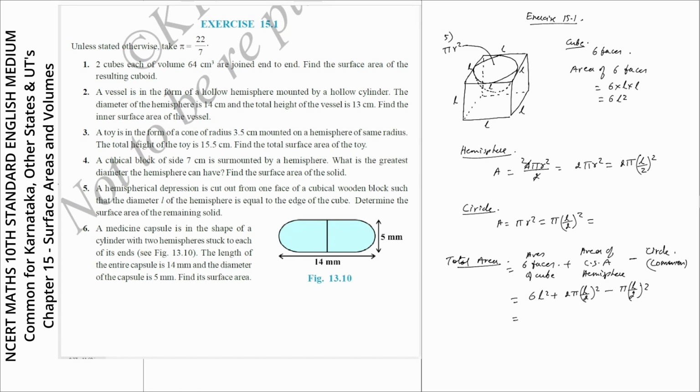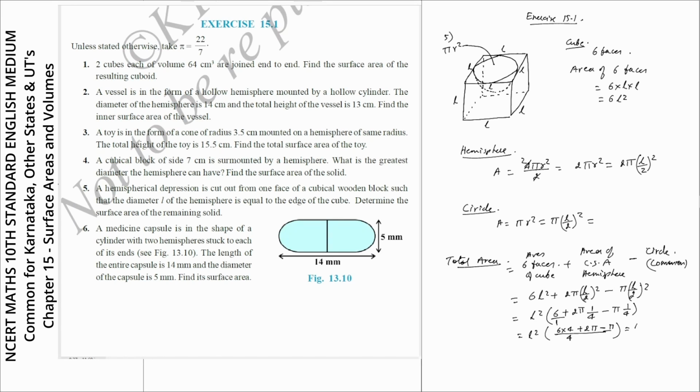Now I can take L square common here. So L square, remaining is 6 plus 2 pi into 1 by 4 minus pi into 1 by 4. Now take the LCM. 6 means it is 6 by 1. LCM of 1 and 4 is 4. So in the first term I'll get 6 into 4 plus 2 pi minus pi.